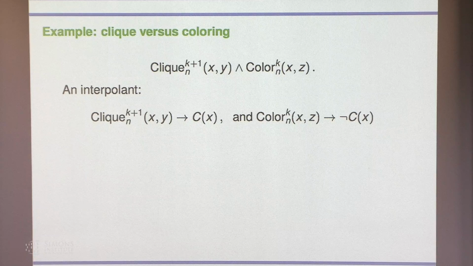So in this way, the interpolant distinguishes between graphs which have a k plus 1 clique and graphs which are k colorable. So it distinguishes the two. It accepts on the ones with clique and rejects on the ones which are colorable. And on the other graphs, it can do whatever you want. This is the only constraint that I know about the interpolant. Okay? It just distinguishes between the two alternatives.